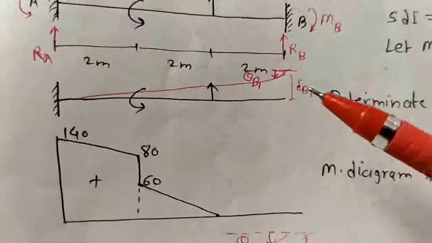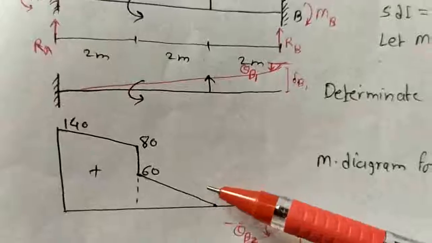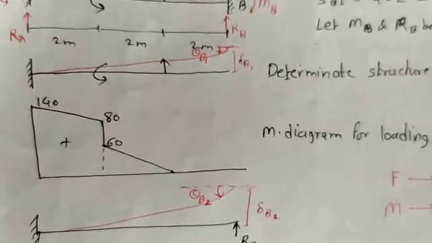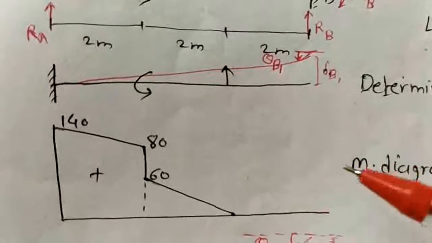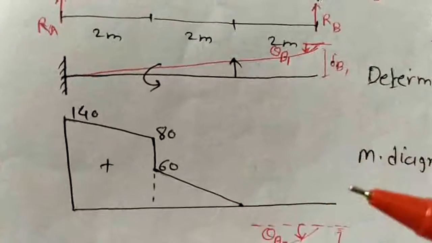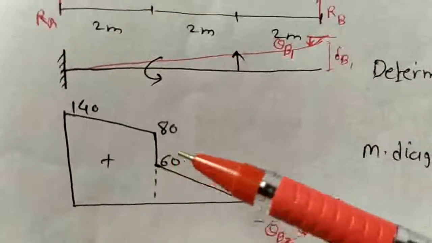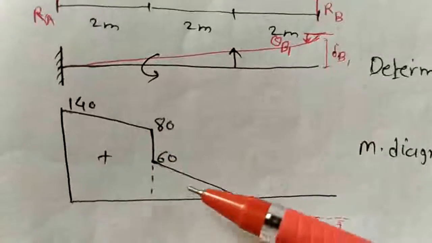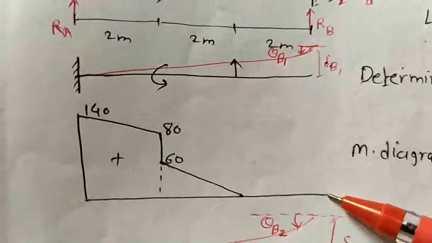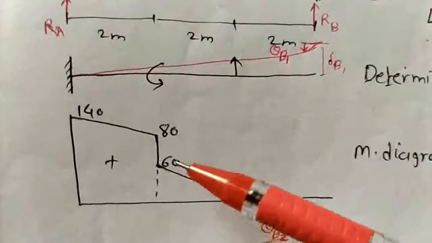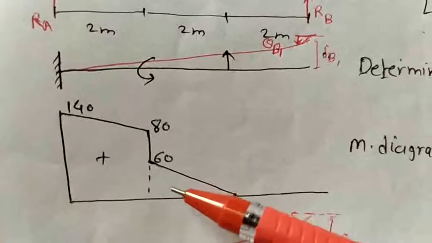Of course, delta B1 is because of application of the loading. So here consider the M diagram because of application of loading. This is the M diagram because of application of loading. Now finding out delta B1 means just take moment of area of this trapezoid and triangle about this point B. You are taking a moment of this area, that means you have to first of all take area and next multiply it by centroid distance.